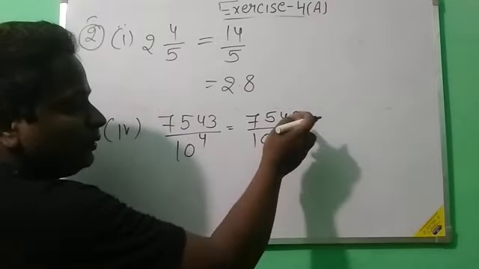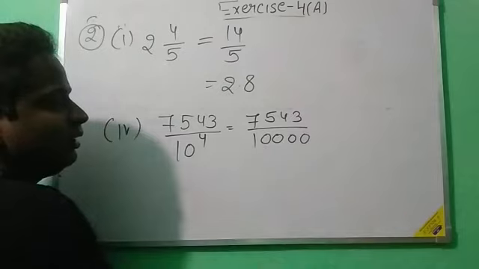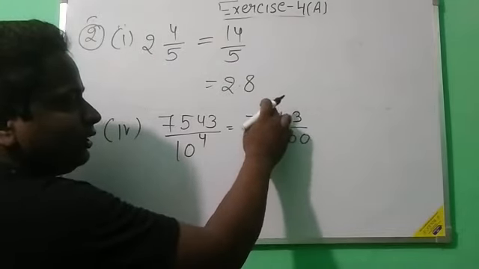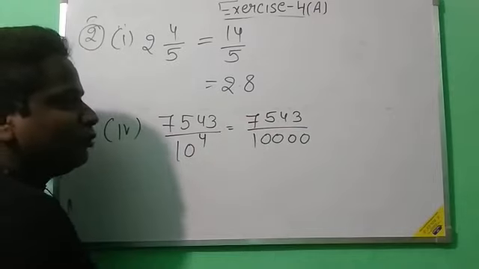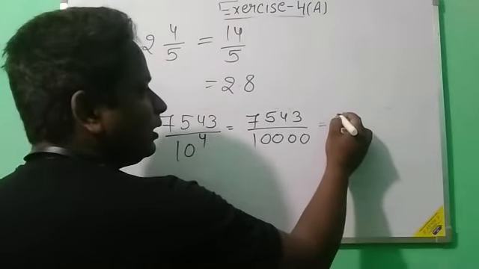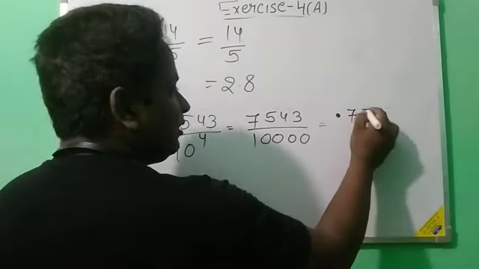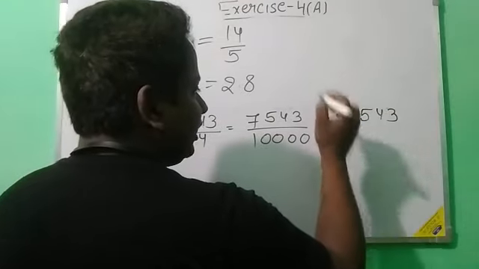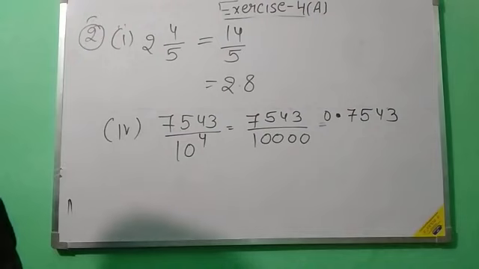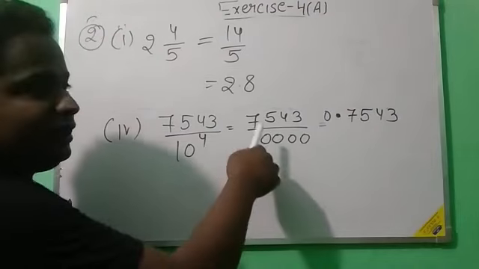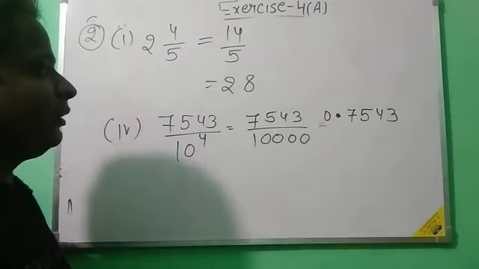So you will count the digits from the right side on the numerator, 1, 2, 3, 4, and you will put a decimal before the fourth digit. So it will become 7543 and you will put a 0 here. So it becomes 0.7543.